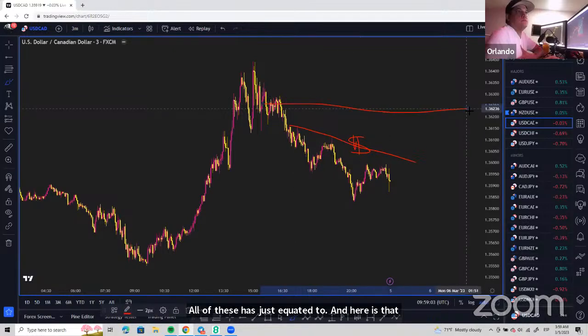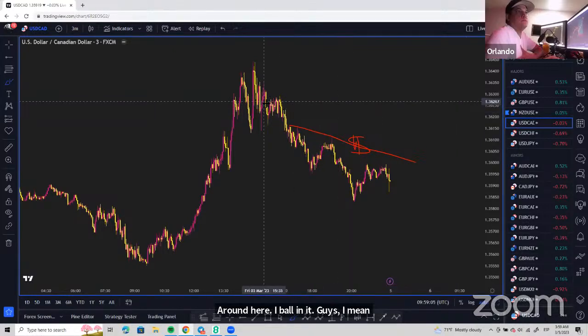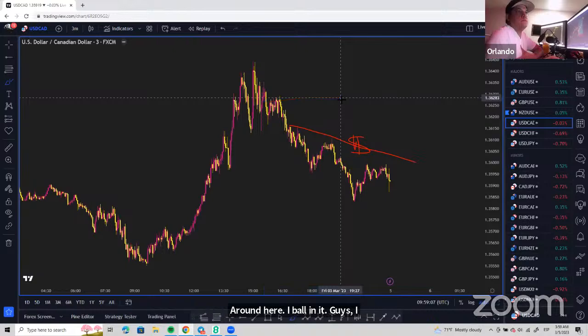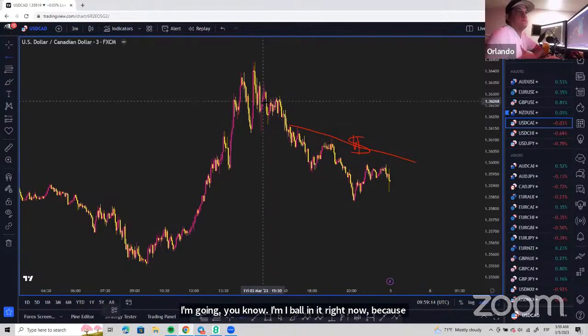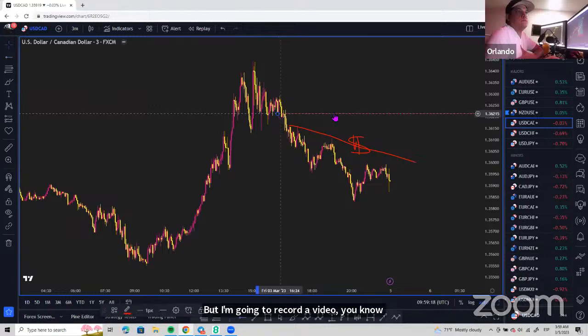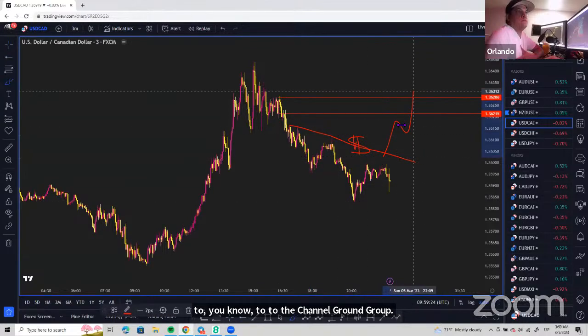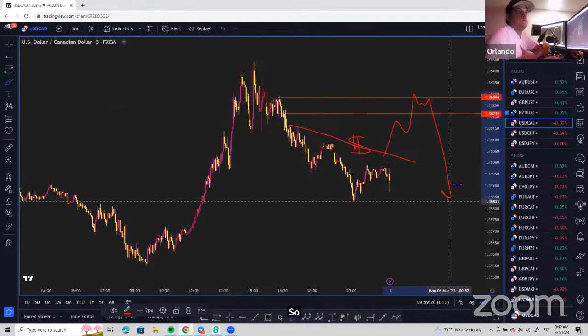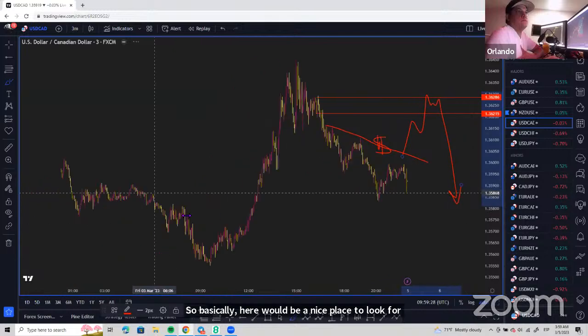I'm eyeballing it, guys. What I'm going to do, I'm eyeballing it right now because I haven't really worked on the chart. But I'm going to record a video and send it to the Telegram group. So basically here would be a nice place to look for shorts on the USD CAD.